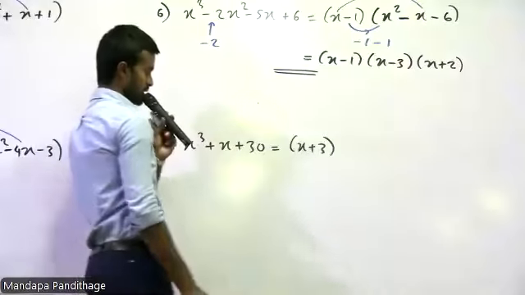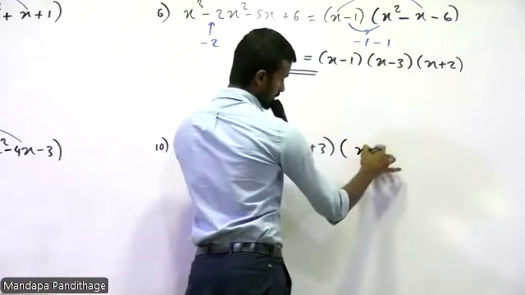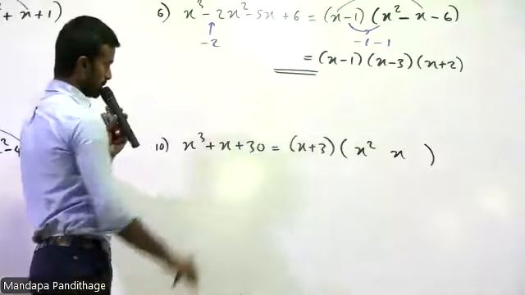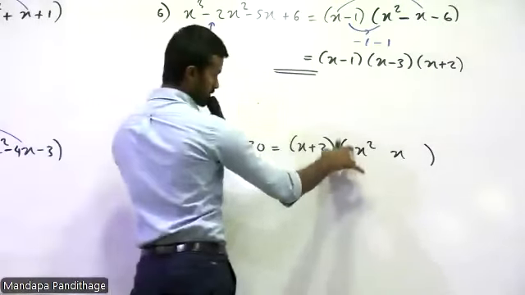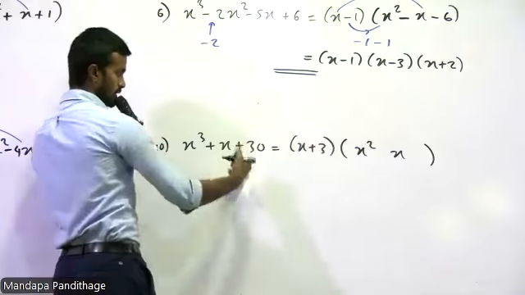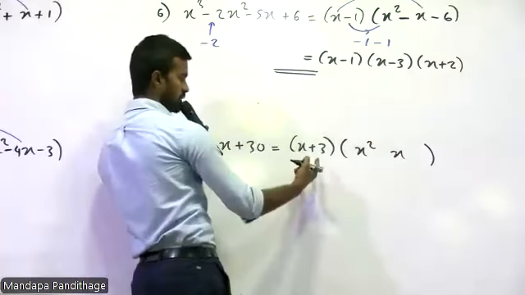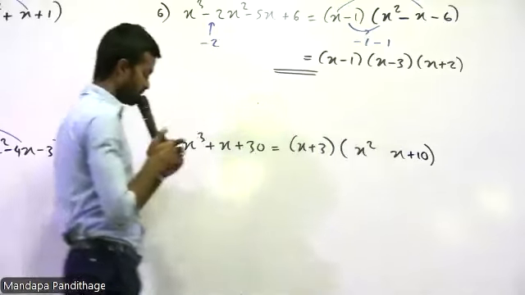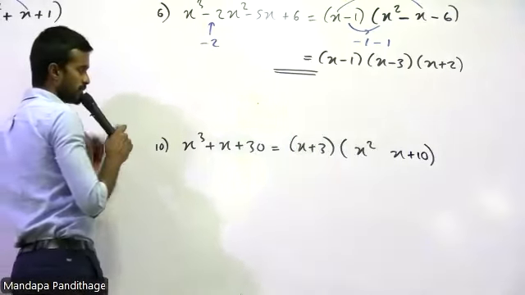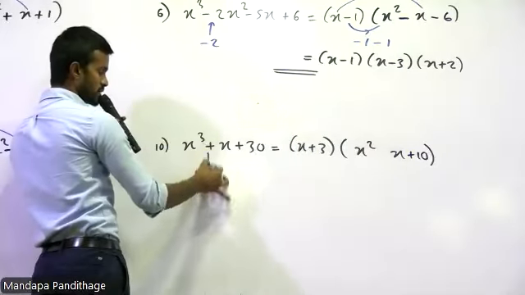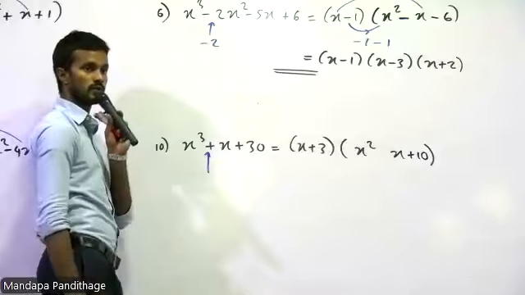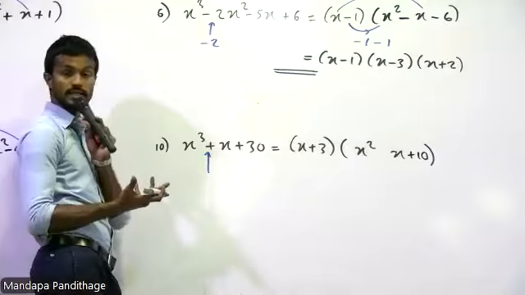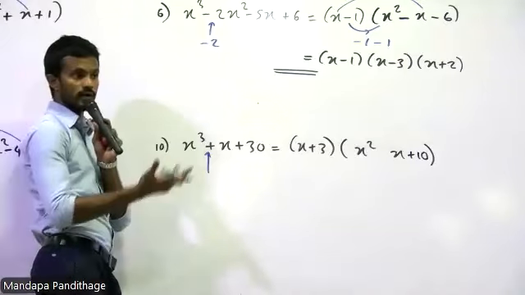Okay, now look at this one. Same drill, x squared, x and the constant. So here, x cube is 1, so the coefficient here is 1. The constant is 30, so how do you get 30? It's 3 into plus 10. Now, there are two ways that you can do it. If you consider the coefficient of x squared, there's no x squared here. I have told you, if there's no x squared, what is the coefficient?